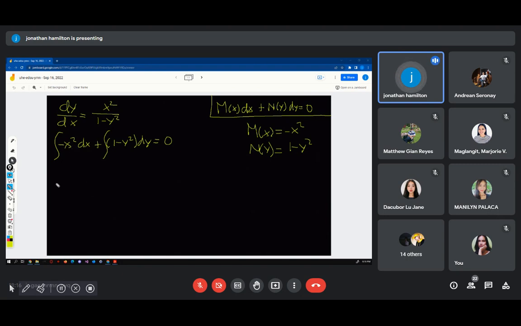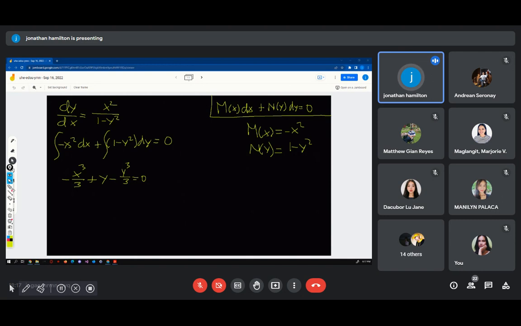To integrate this, we could say this is negative x cubed over 3 plus the integral of dy, that's y, minus y cubed over 3 is equal to 0. So for this, we could try and simplify this equation.